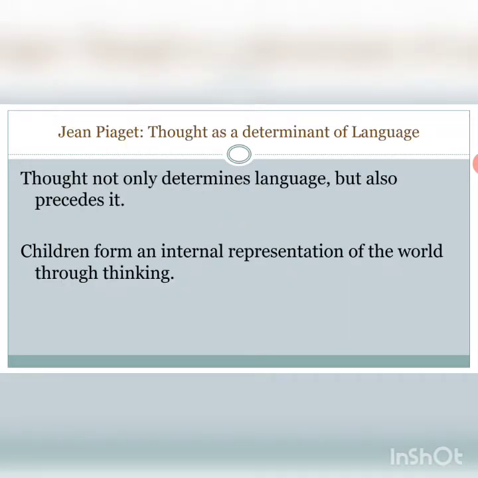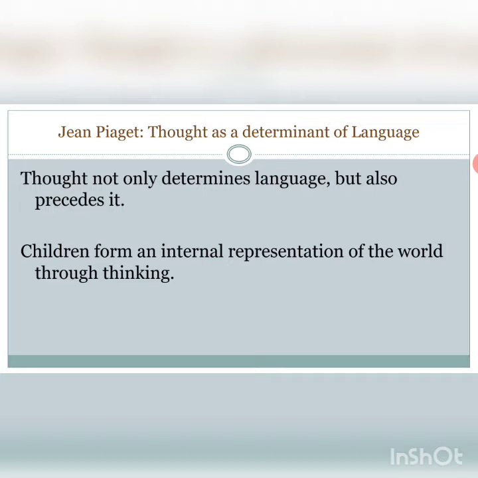Now let's move to what Jean Piaget says about thinking and language. According to him, thought is the determinant of language. So here it is the other way around. Thought not only determines language but also precedes it. That means thought comes before language.